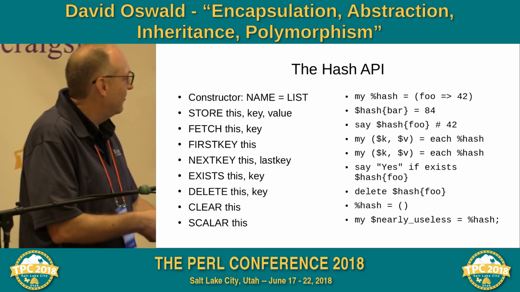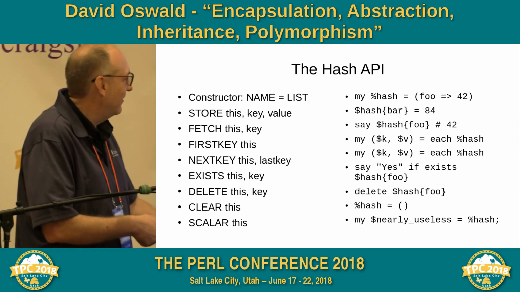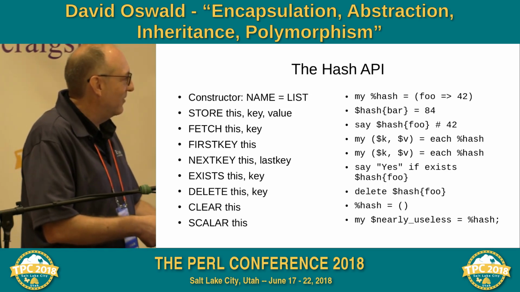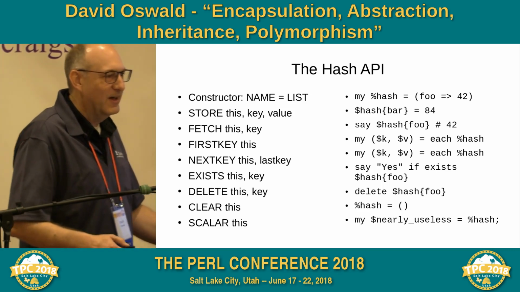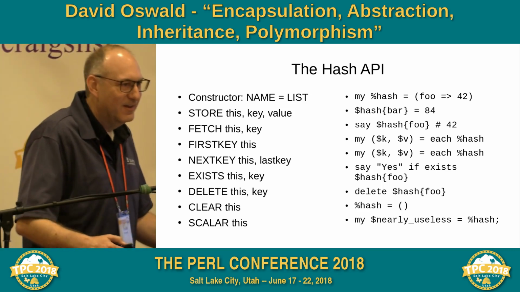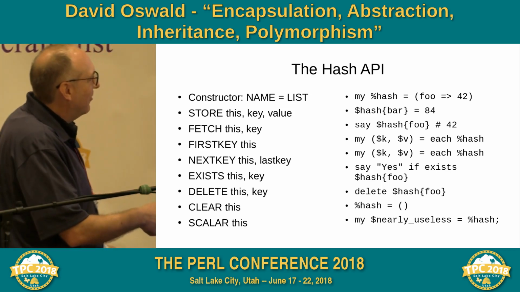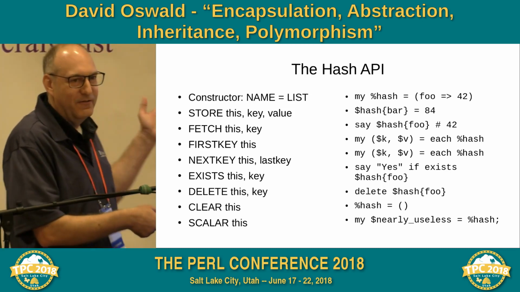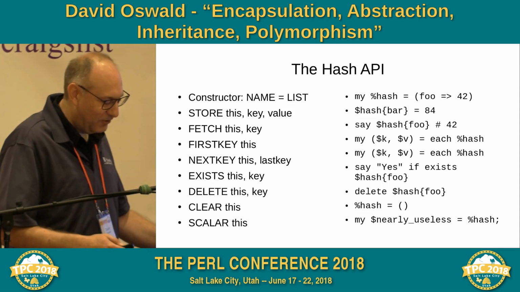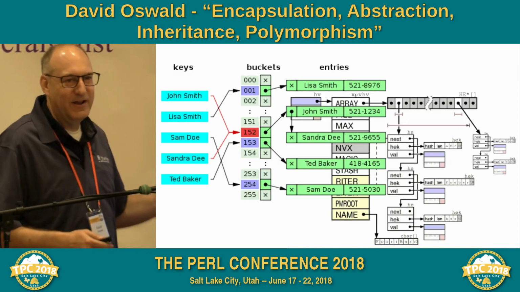Delete is an operator in Perl. Clear is essentially assigning an empty list, and scalar is, again, kind of that useless thing where we just find out if it has keys or not, essentially. That's about all it's useful for. But this fairly simple interface that we use every day of our jobs is really under the hood doing all this crazy stuff that we don't have to think about.